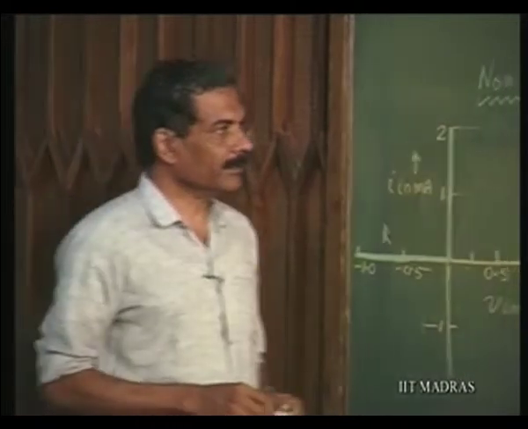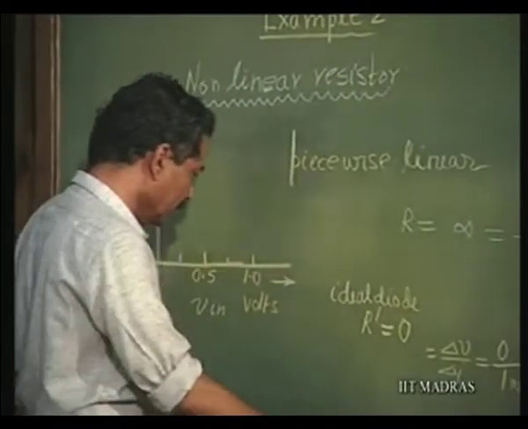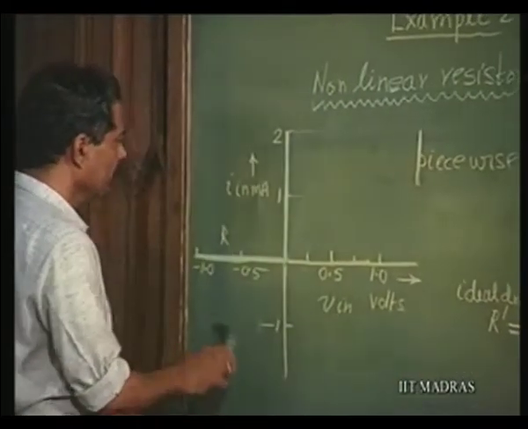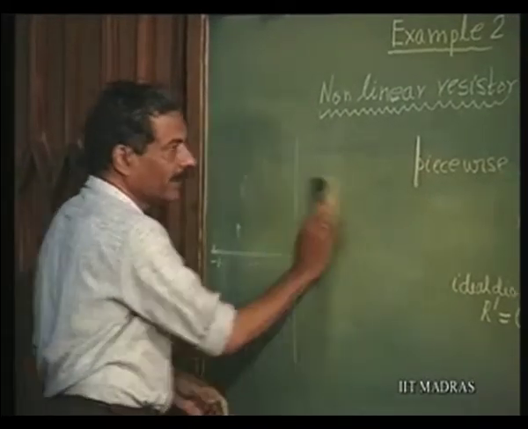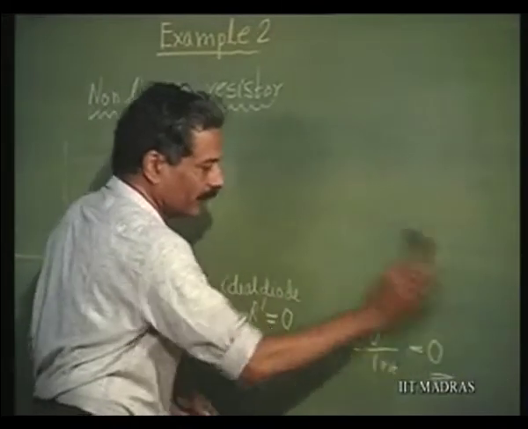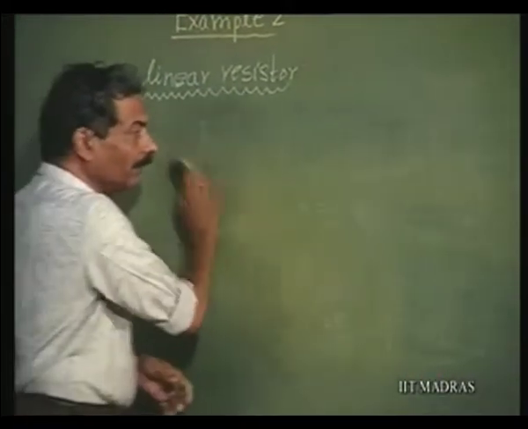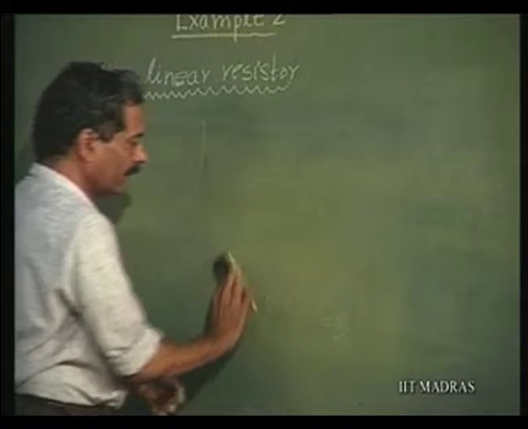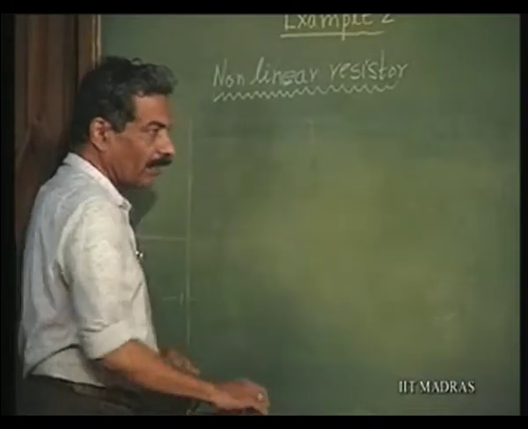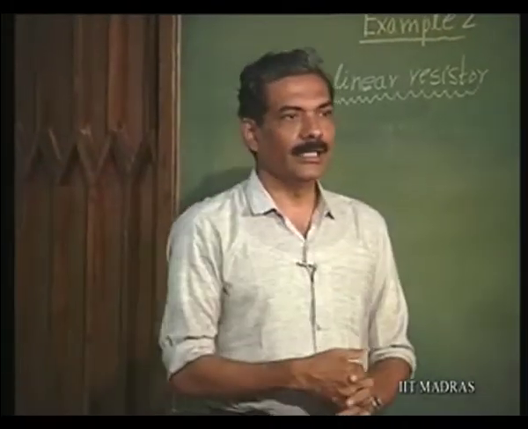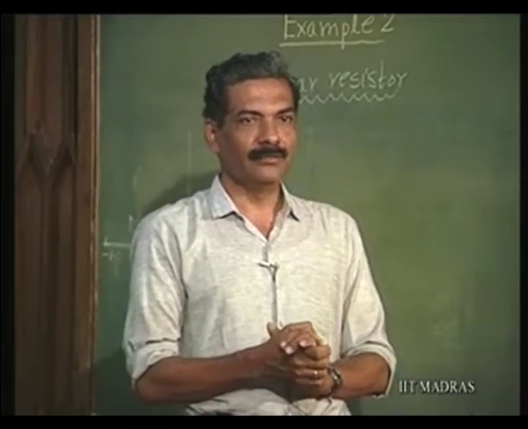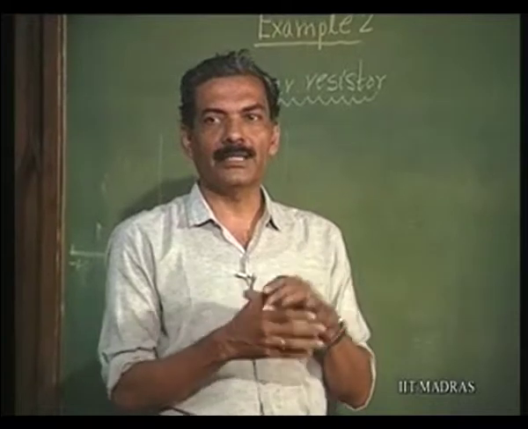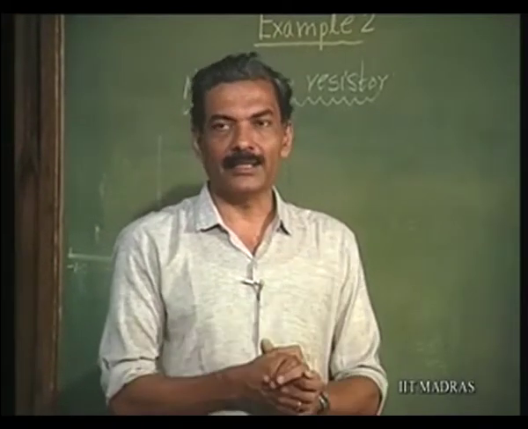So, these two examples demonstrate the sort of characteristic of the ideal diode, which is going to be now used by us in a variety of applications. But before we go to the ideal diode, let us see whether practically we have a diode which is going to closely approximate in its characteristic that of the ideal diode.